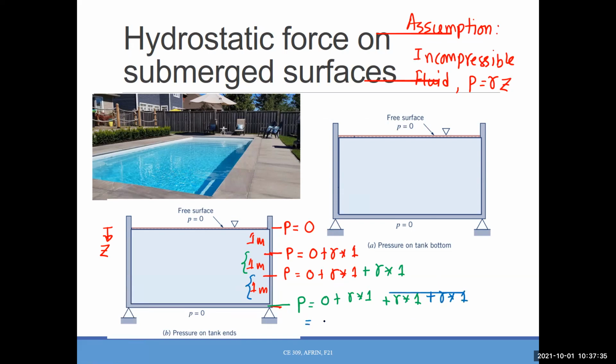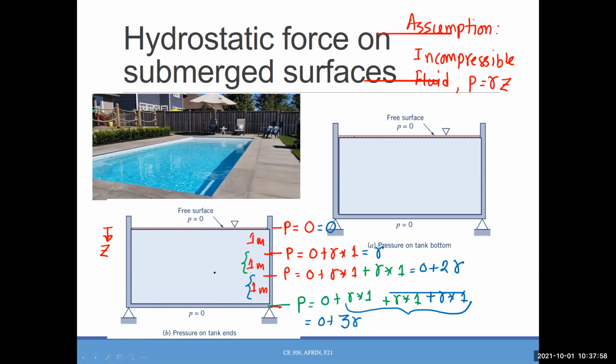So finally, what do we have here? 0 plus how many pressures for this one? 3 gamma, right? What about this one? 0 plus 2 gamma. Here, just gamma, and here it's 0.